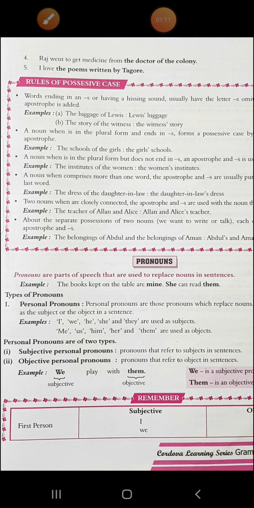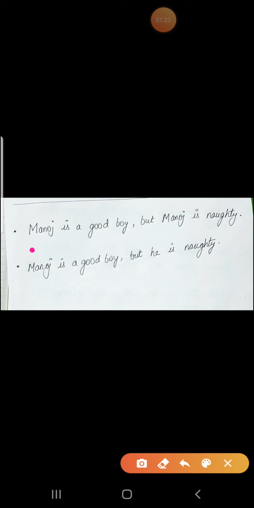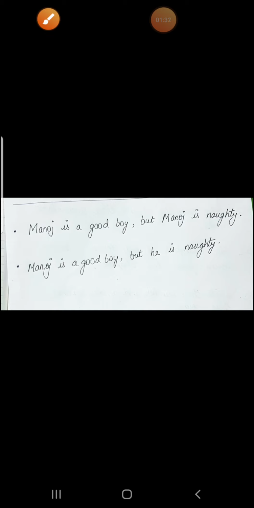Now why do we have to replace a noun? I'll tell you why. See this example, this first one: Manoj is a good boy, but Manoj is naughty. And now read the second one: Manoj is a good boy, but he is naughty.